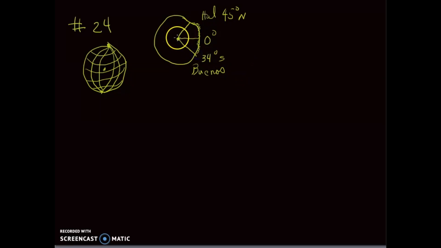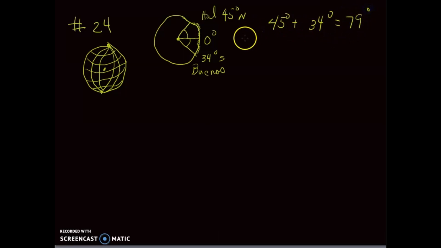Well, when you measure from the center, then these angles are the same, the 45 degrees and the 34 degrees. That central angle is the same in degrees as this intercepted arc. So that's sort of nice. But remember, we need radians when you start measuring distances. So 45 degrees and 34 degrees is 79 degrees.